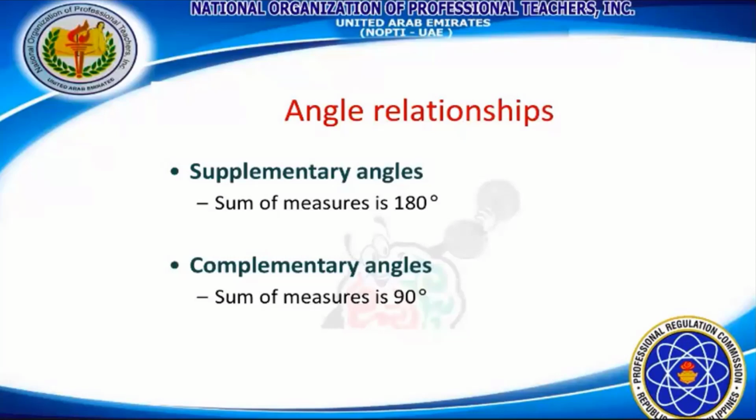Pero kung 180 degrees, they are called supplementary angles. Let's say, yung isa 160, yung isa 20. So, kung i-measure mo yon 180. So, they are supplementary angles. Pero kung 45 and 45, was equivalent to 90, these are called complementary angles.